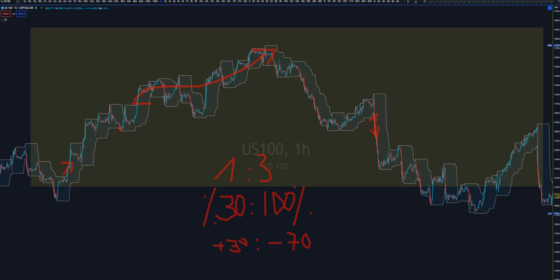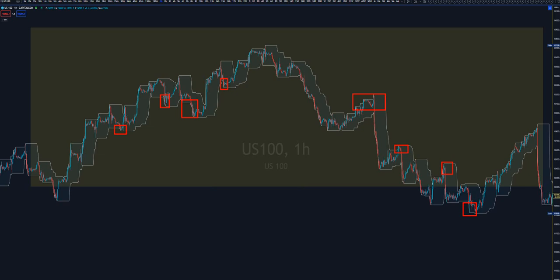We see here in this period, from August the 28th until the 7th or 8th of September, about 2 weeks, the market produced a lot of false breakouts, and it can cost you money.